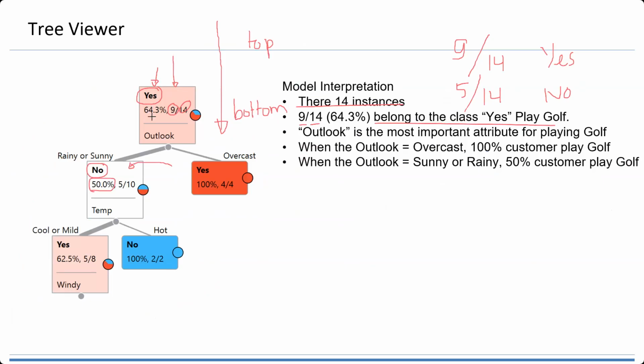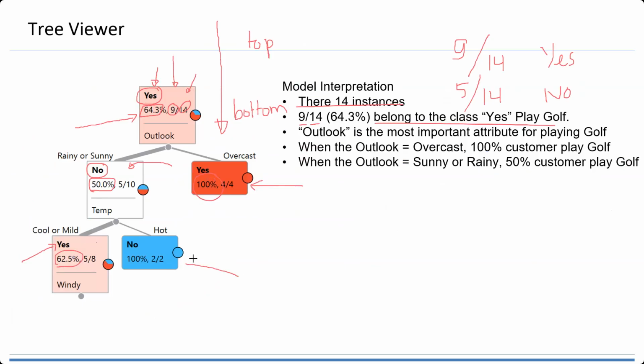If it is more toward yes, for example 64%, then the color is closer to red, so the color is pink. What about if it is 100%? If it is 100% yes, the color becomes red. Here it is 62%, so the color is a little bit pink.